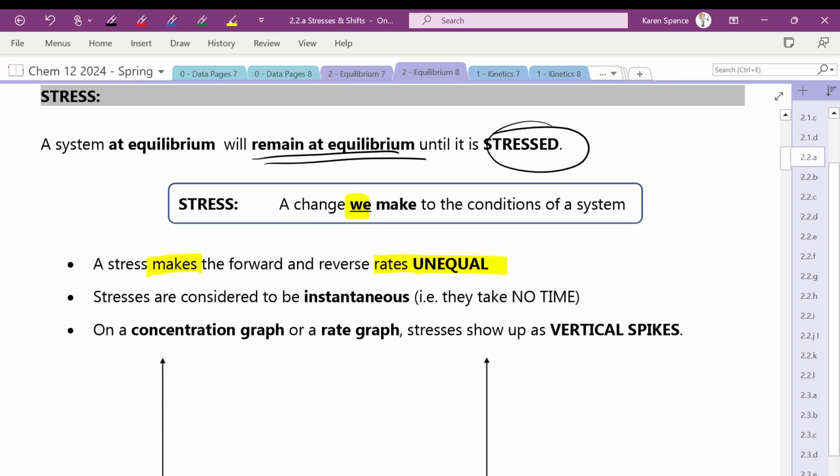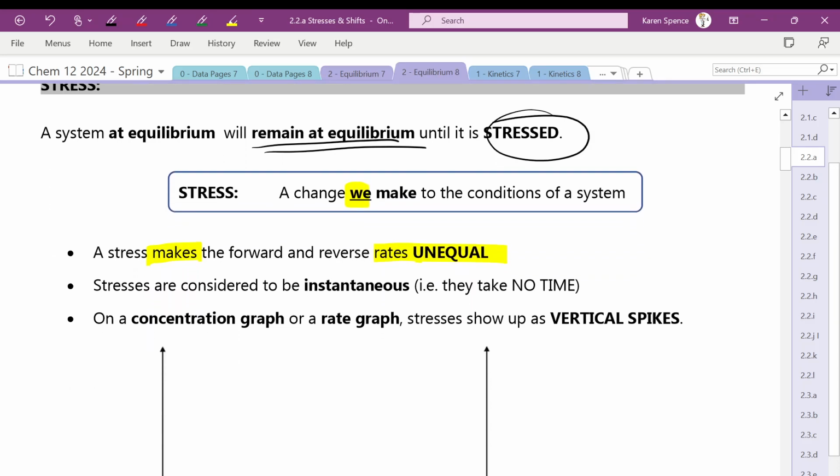Now, we're going to look at this in the context of graphing. A stress is considered to be instantaneous. In other words, it takes no time. In reality, that's not true, but it makes graphing possible and readable. So we assume that anything that we do to the system takes no time at all.